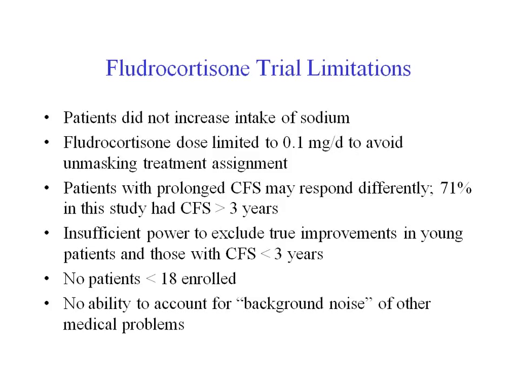The patients, though, in this study didn't increase their intake of sodium. That might have been a design flaw on our part. We didn't increase above 0.1 milligram a day because we thought patients would know which drug they were getting, placebo or Florinef. And it may be that it's important to get at the problem with Florinef at an early point.